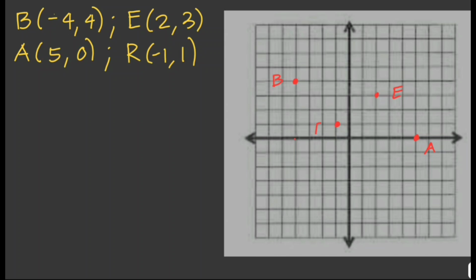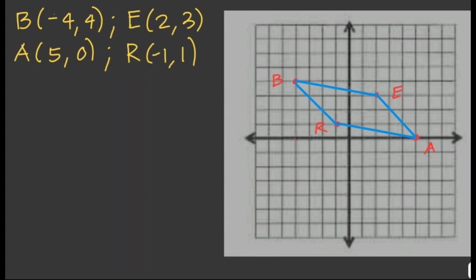So R is somewhere here. Now let's connect all the points so we can have a picture of the quadrilateral. So we connect B to E, then E to A to R, and then R to B.